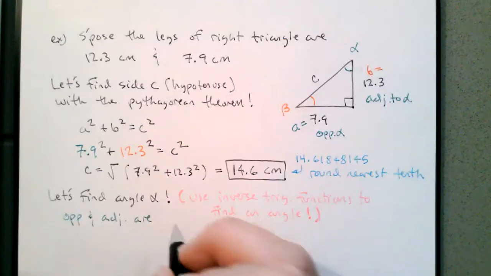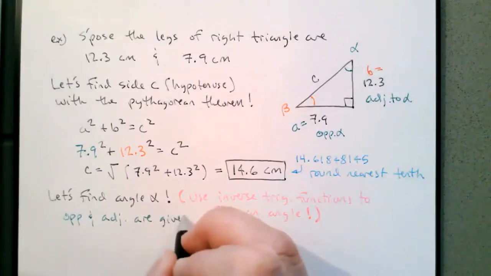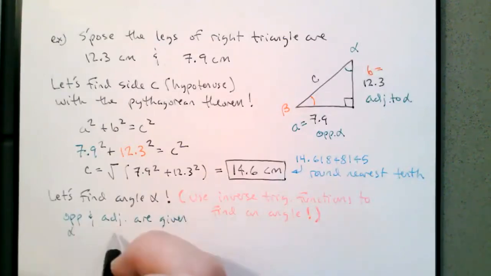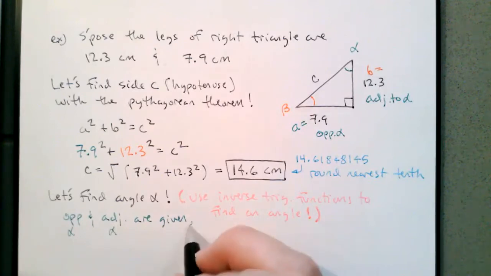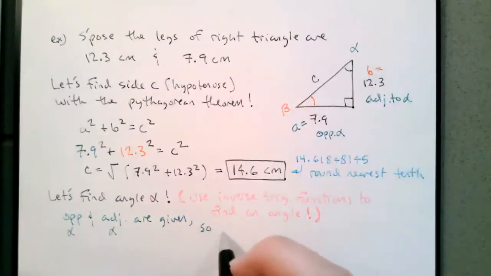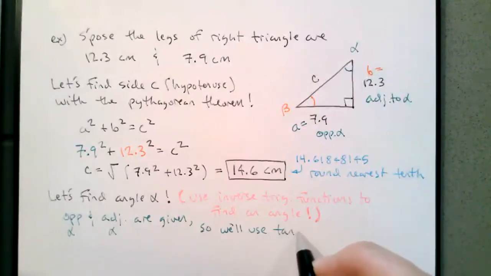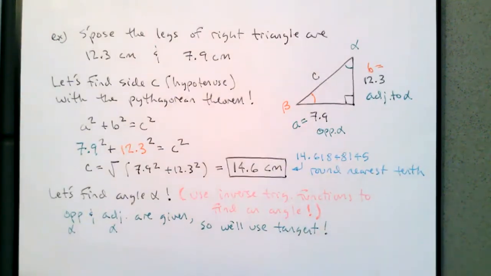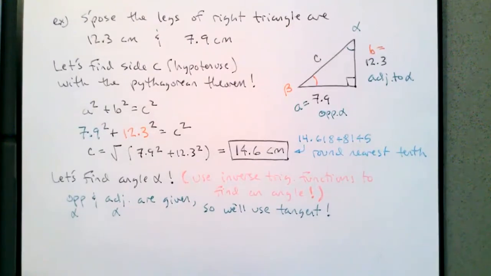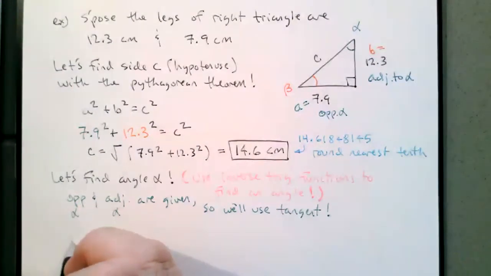So opposite alpha and adjacent to alpha are given information, so we'll use tangent. Once again, we're just following best practices. Use given information whenever possible to avoid rounding error. So I'm going to set up my trig ratio.